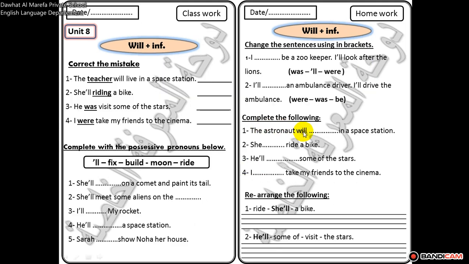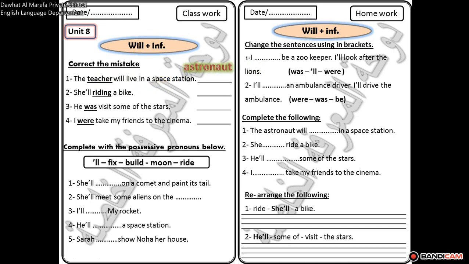Next page has two parts. We are going to answer this part together, but this part is homework, of course. Now, the teacher will live in a space station. Can a teacher live in a space station? No, an astronaut.